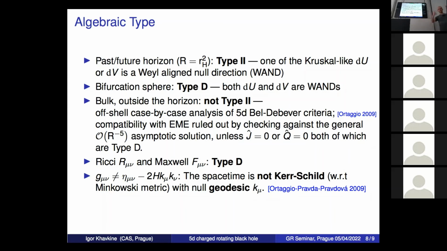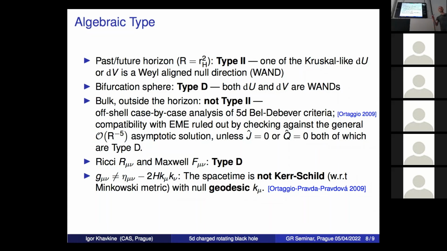So you went case by case, said, okay, if this is satisfied, then it could be type II. If this is not satisfied, then maybe some other condition you could check. And he has a list of conditions and he checks them one by one. And basically it never happens that the spacetime is type II unless it's one of the solutions that we already know, like the uncharged or the non-rotating case.